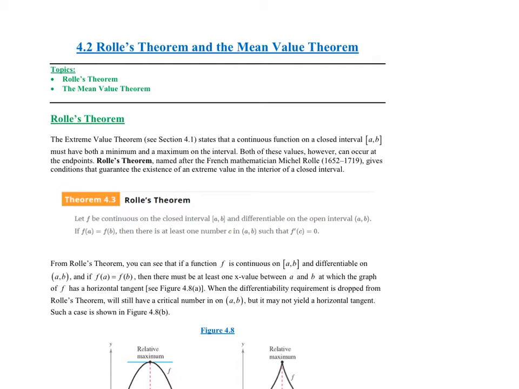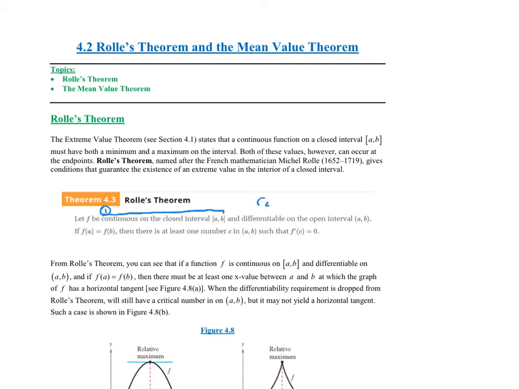So what does it say? Rolle's theorem says, first condition you have to meet, your function has to be continuous. Second, it has to be on a closed interval. And third, it has to be differentiable. So it has to be continuous on the closed interval. I guess that's really just two conditions if you look at it that way. So the first condition is you have to state that it's continuous on the closed interval.